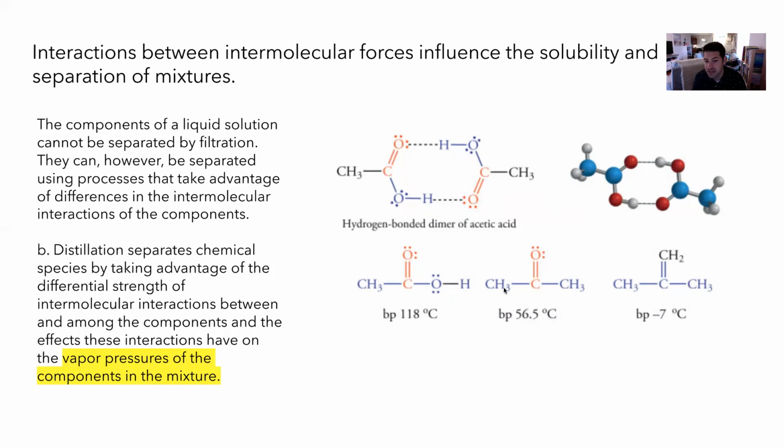So let's say you had these two components on the left, 118 and 56.5. You would want any temperature above 56.5 degrees Celsius, but not at 118, right? So this molecule would boil and this molecule would just stay behind. All right, so that's the point of a distillation.